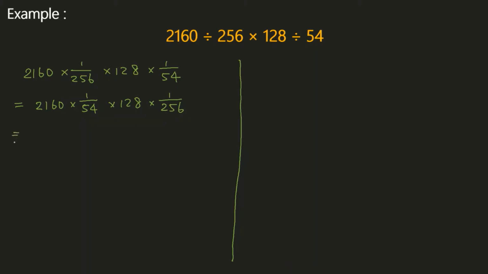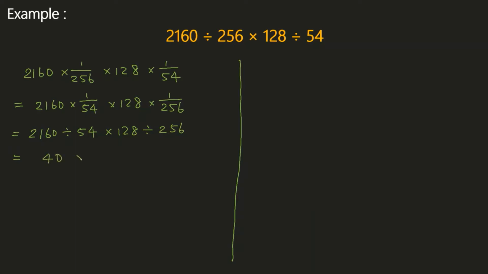Okay. So here, multiplying by 54's reciprocal is the same as dividing by 54. So we have 2,160 divided by 54 multiplied by 128. Same here, multiplying by 256's reciprocal is the same as dividing by 256. Okay. So if you work out your long division on the first 2 terms, this will give you 40.